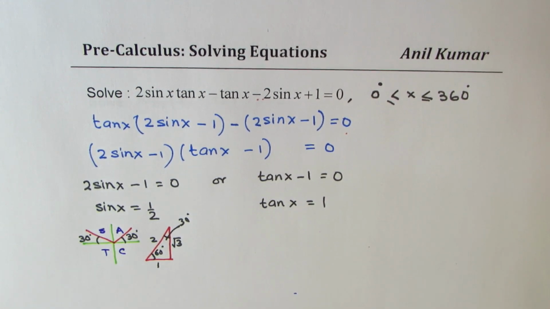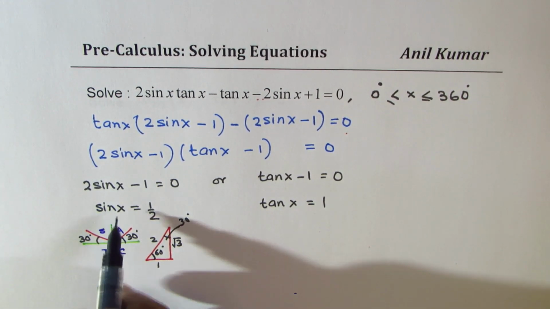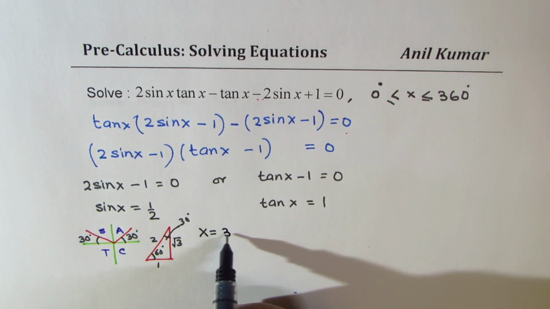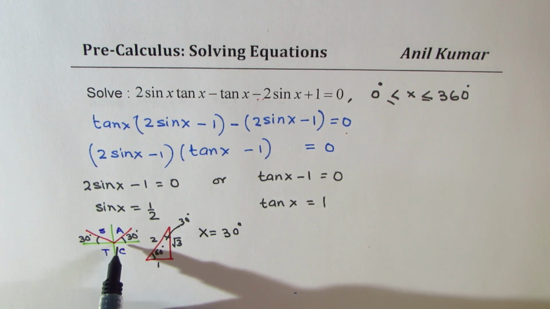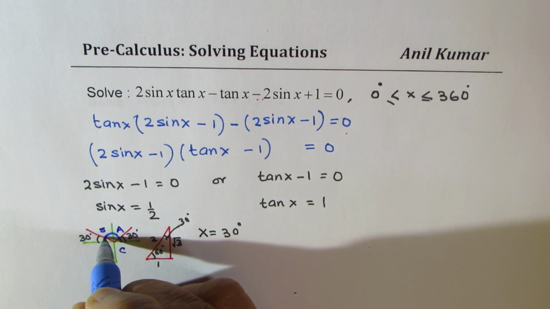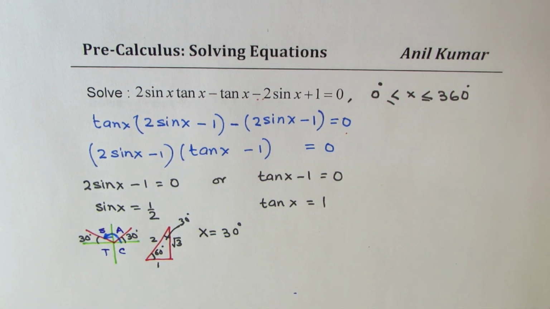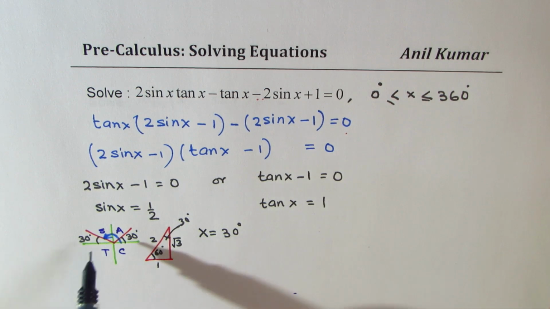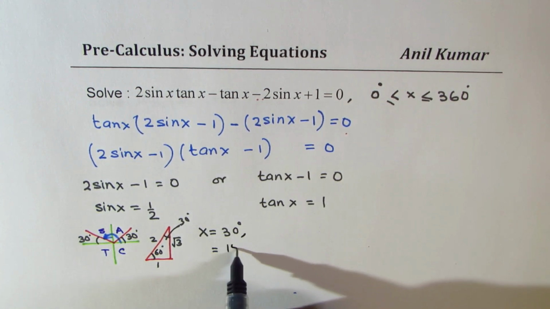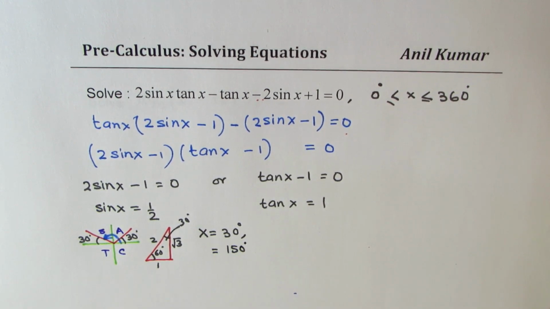So what are my two solutions? Well, the two solutions should be x equal to, of course, 30 degrees. And here we have to write the principal angle, which is 180 minus 30, which is 150 degrees. So there are these two solutions.